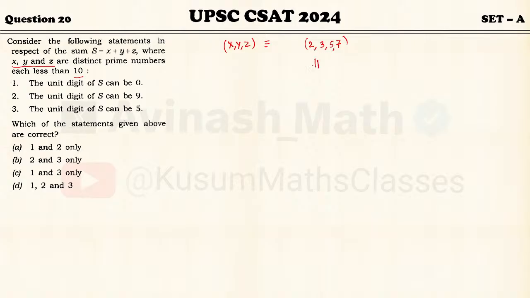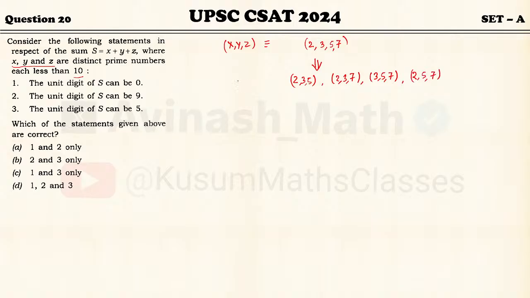So here you have to make a combination of 3, right? So how many numbers are possible? That is 2, 3, 5 and 2, 3, 7 and 3, 5, 7 and 2, 5, 7.